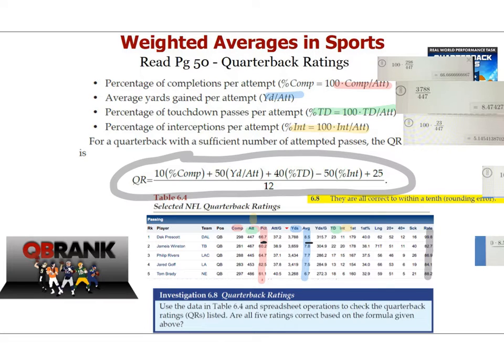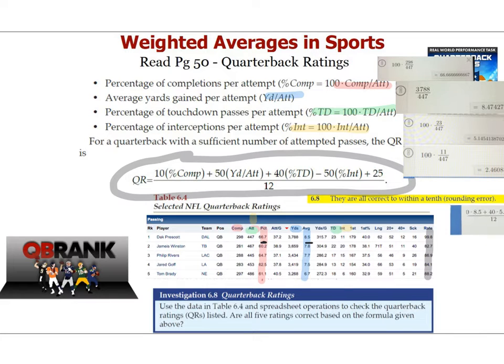And then the interception percentage: 100 times 11 divided by 447, and we'll round that to 2.46. We'll take those numbers and use the quarterback rating formula to figure out if that quarterback rating is correct. They got 99.8.